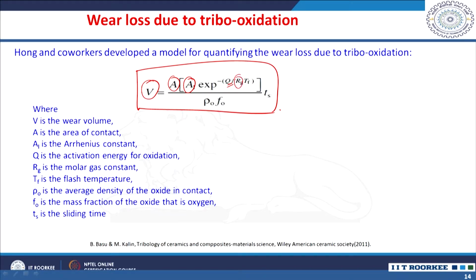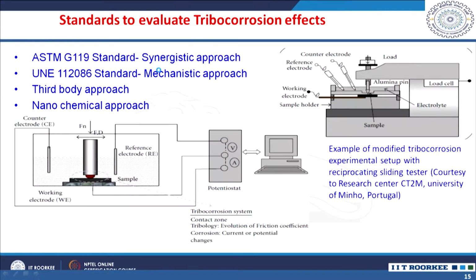R is the molar gas constant, Tf is the flash temperature in absolute scale, where rho 0 represents the density of the oxide in contact and F0 represents the mass fraction of the oxide, that is oxygen. Ts is the total sliding time. If you know the sliding time for a given material in the oxidative wear condition, you can estimate the material removal for this oxidative condition, right.